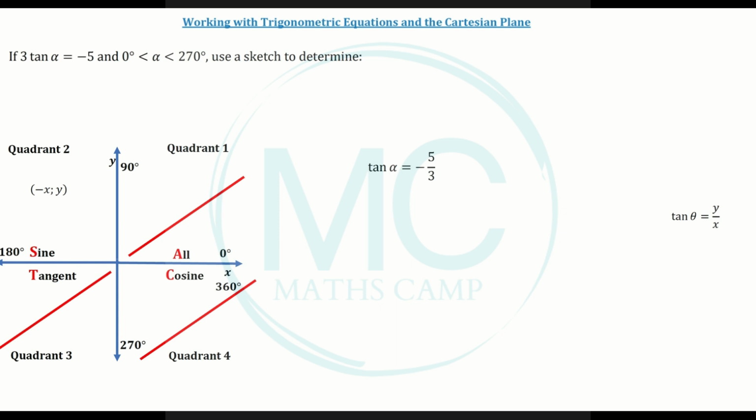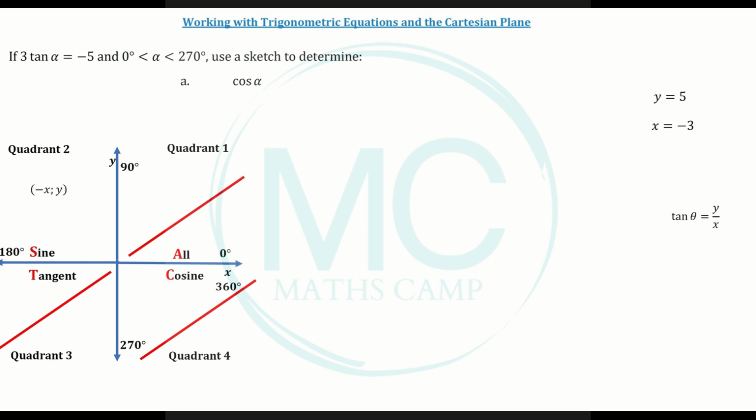We are working with quadrant 2, where x is negative and y is positive. So in this case, if tan alpha is -5/3, we can see that y is equal to 5 and x is equal to -3.